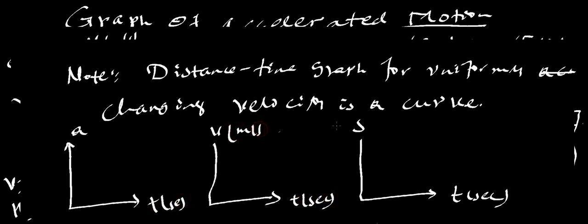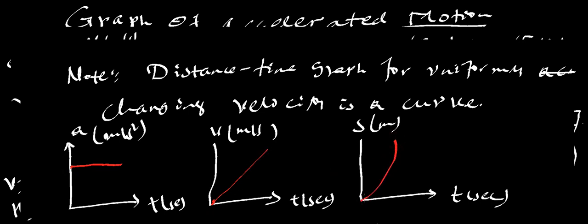Velocity in meter per second, distance in meter, acceleration in meter per second square. For uniformly accelerated motion, the acceleration time graph looks like this. For velocity, it looks like this, and for distance, it is a curve. However, you will learn this in the future.